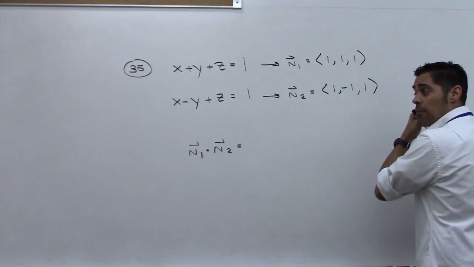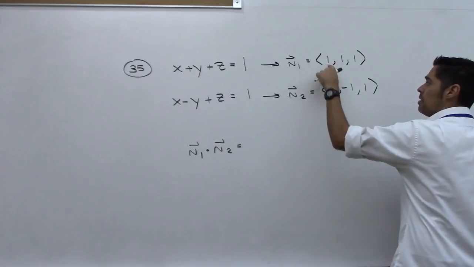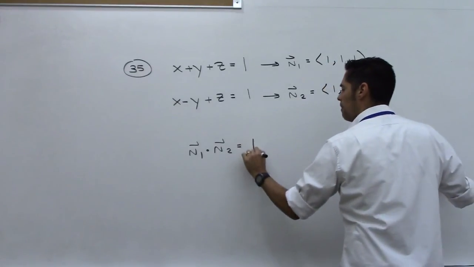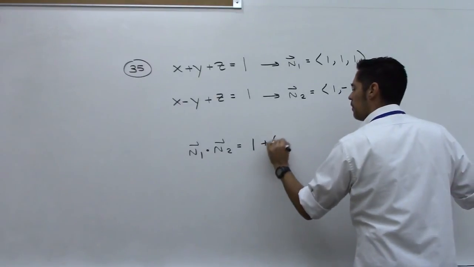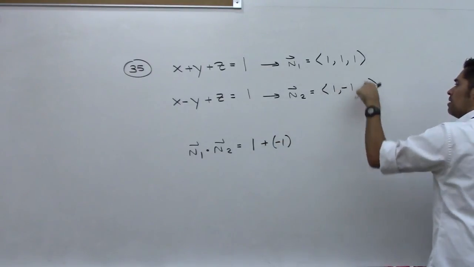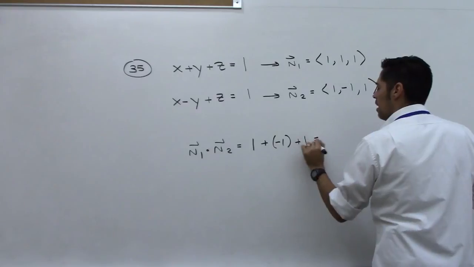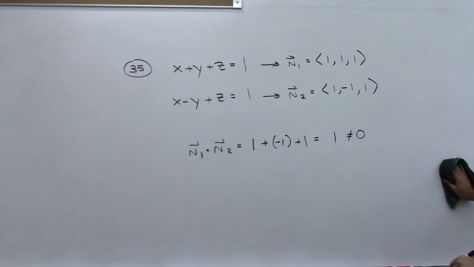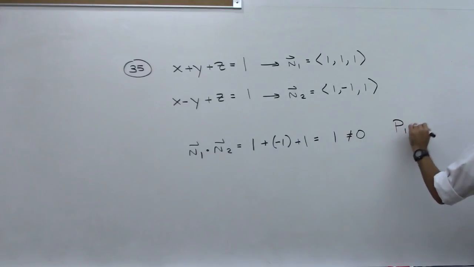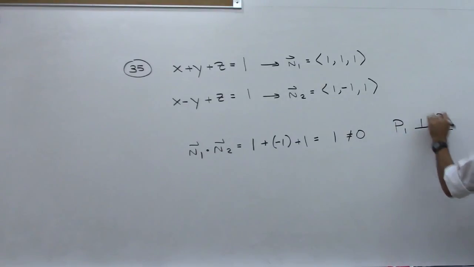Remember, dot product is a number. So you do first components multiplied, 1 times 1 is 1, plus second components multiplied, 1 times negative 1 is negative 1, and then 1 times 1 again is 1, and you get 1. And that is not 0, therefore they are not perpendicular. So plane 1 is not perpendicular to plane 2.